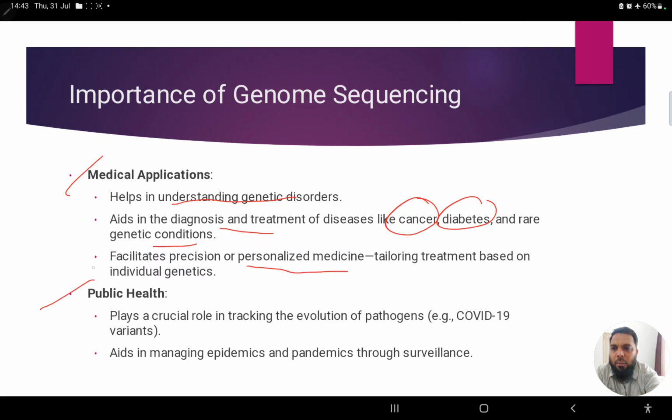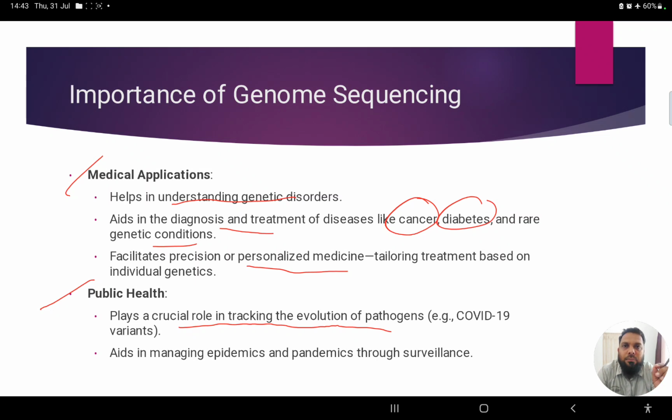Then again, in public health we see it plays a crucial role in tracking the evolution of pathogens. See, instead of detecting diseases after they occur, if we know the genome, if we know the genes of a particular person, it can be predicted at a very early stage that in future you can get these diseases.